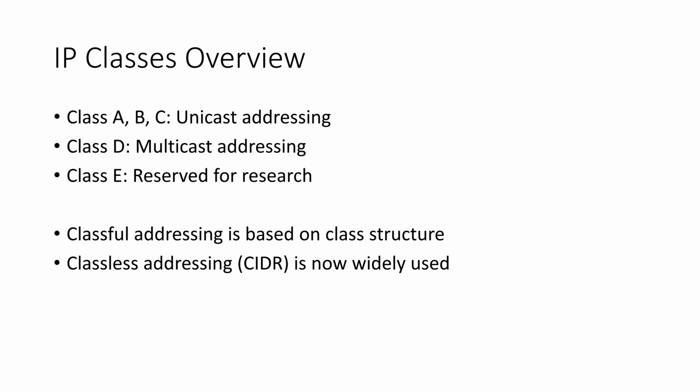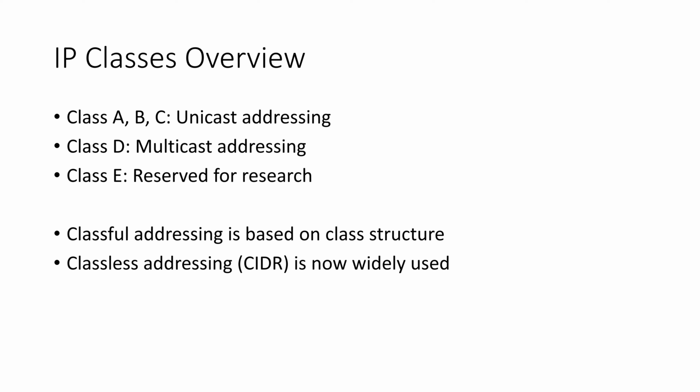So, what exactly are these classes? The original IP addressing system was divided into five classes: A, B, C, D, and E. Class A, B, and C were used for unicast addressing, meaning communication from one device to another. Class D was reserved for multicast, where data is sent to a group of devices at once. And Class E was set aside for experimental use.